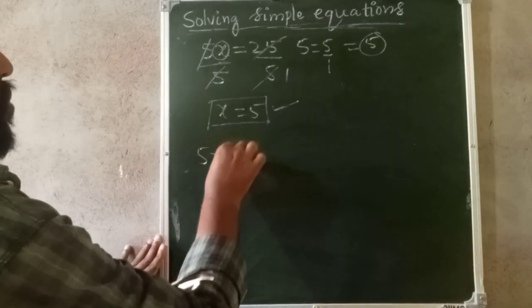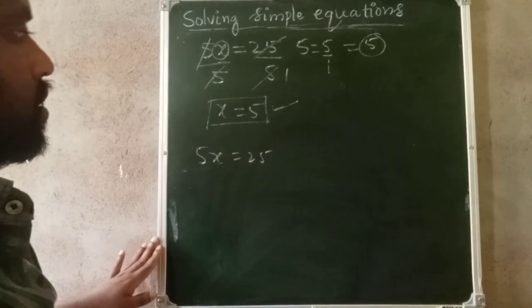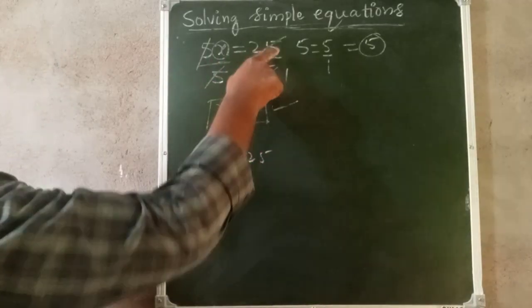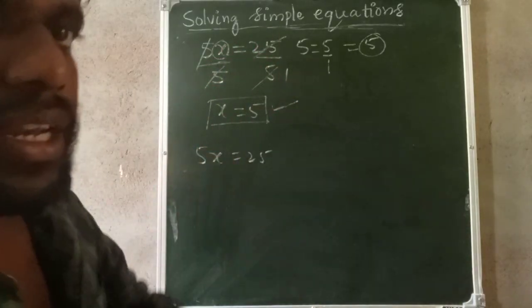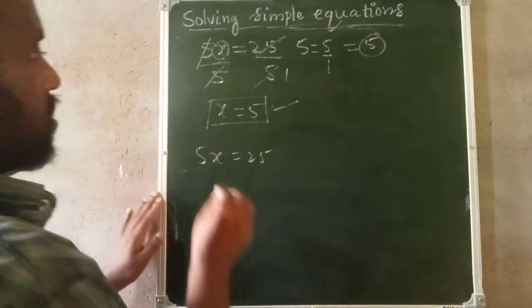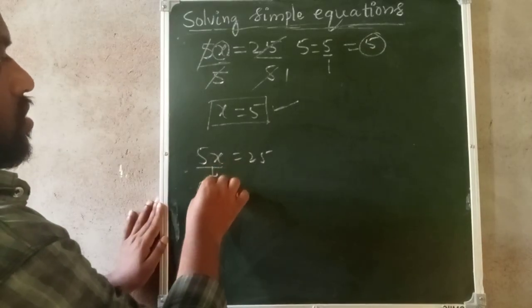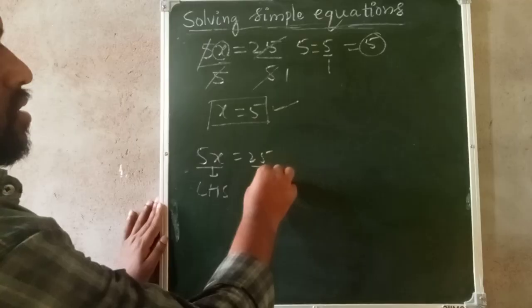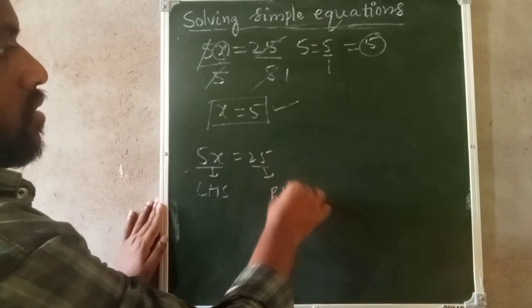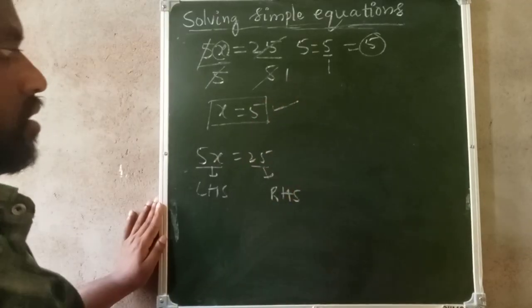So this is it, 5x is equal to 25. We simplified and we got x is equal to 5. So in the beginning the given equation is this. So this is LHS, that means left hand side. This is RHS, that means right hand side.